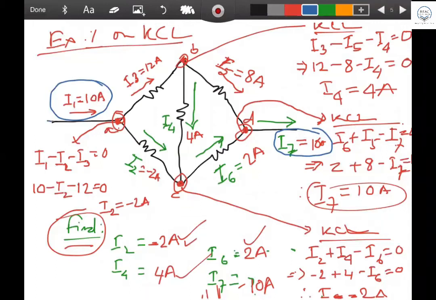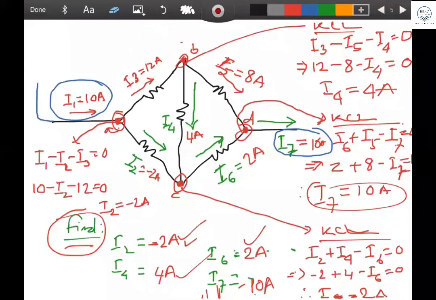There's a question. I'm going to draw here. This 10 ampere is going out from here and coming here.